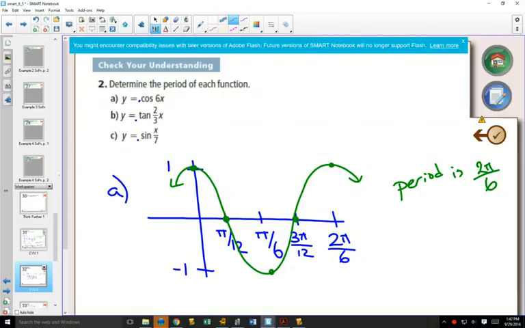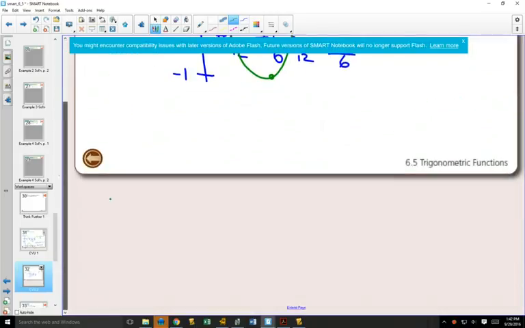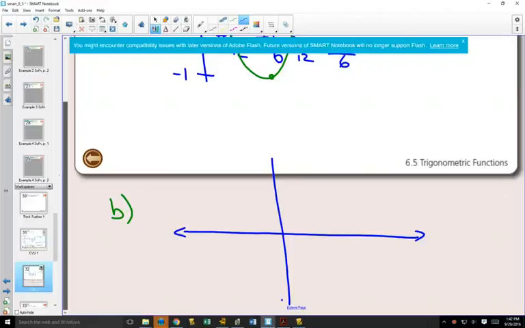Part B. Not a nice number. We're graphing tan. In order to graph, we can just multiply it by 2/3, but I want you to practice your graphing as we go through. So that's why we're doing this as we go through.